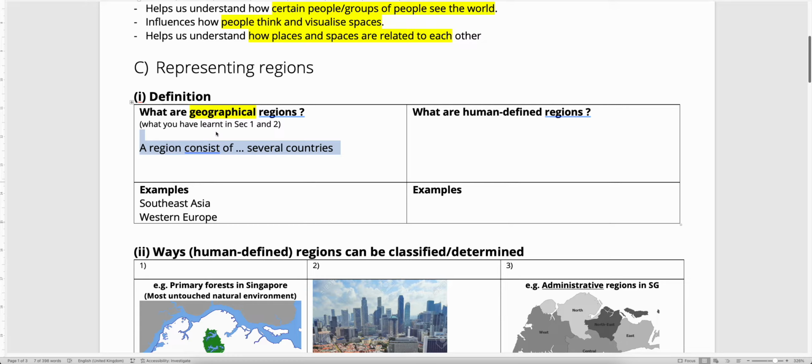Now this is where it gets a bit confusing. We have learned the proper geographical region, but there are also human defined regions, and the problem with this is that they cut across various scales. We learned very clearly that a geographical region is multiple countries grouped together. So when we say regional scale, we automatically know that it is of a larger scale than a single country.